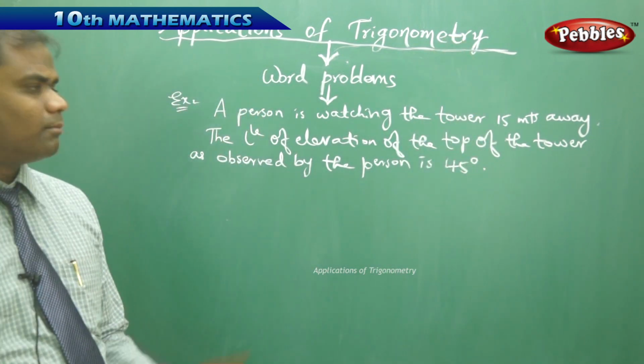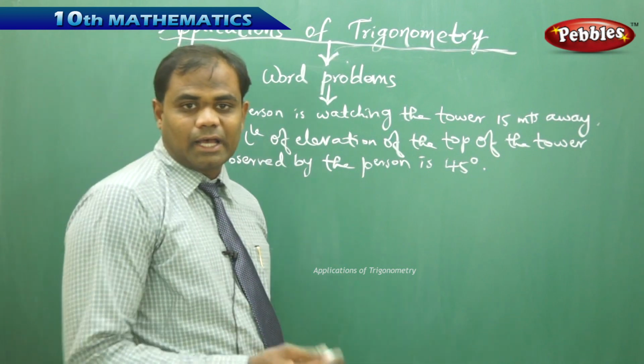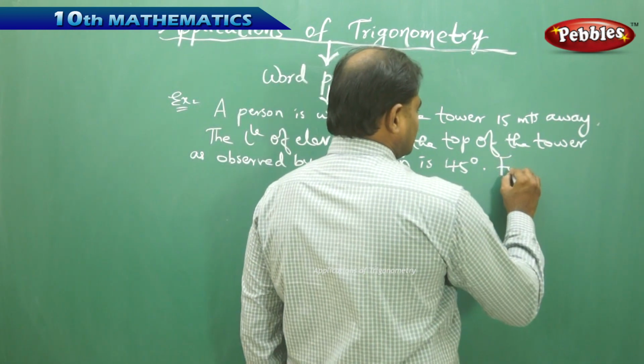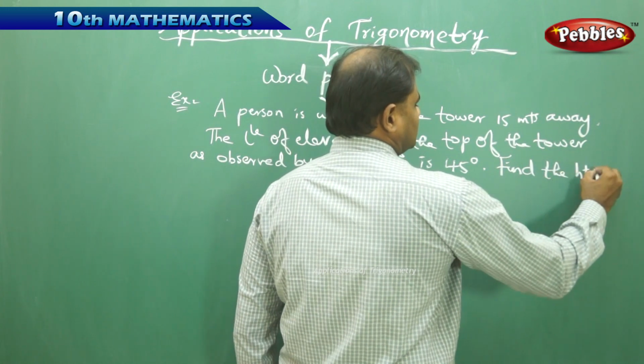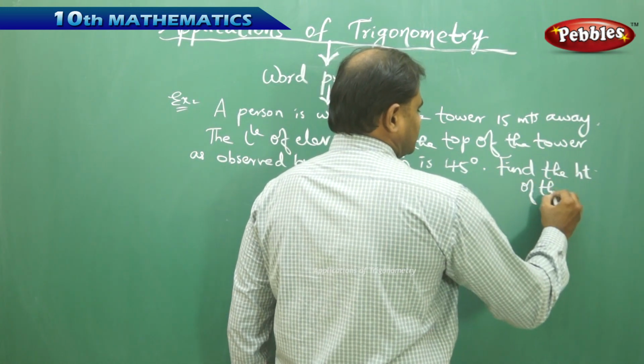Now this is the minimum information given through which I have to find ultimately the height of the tower. Find the height of the tower.